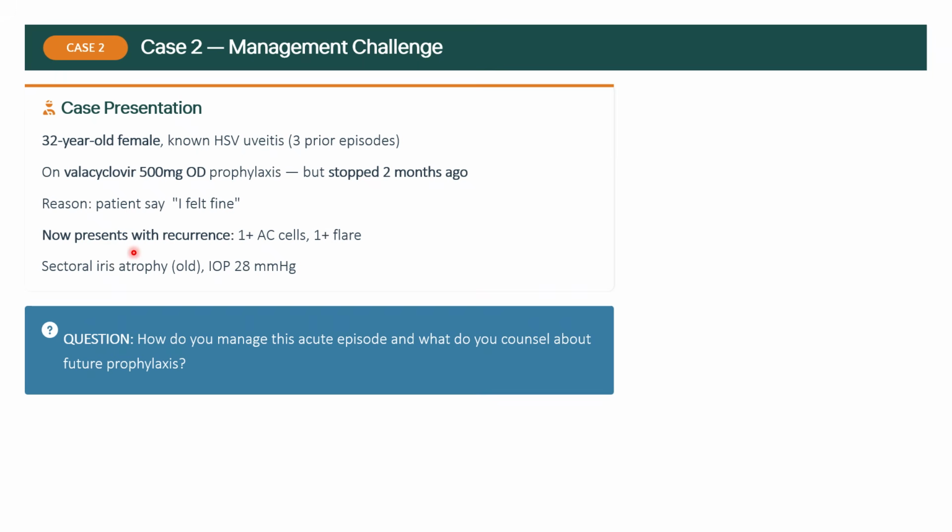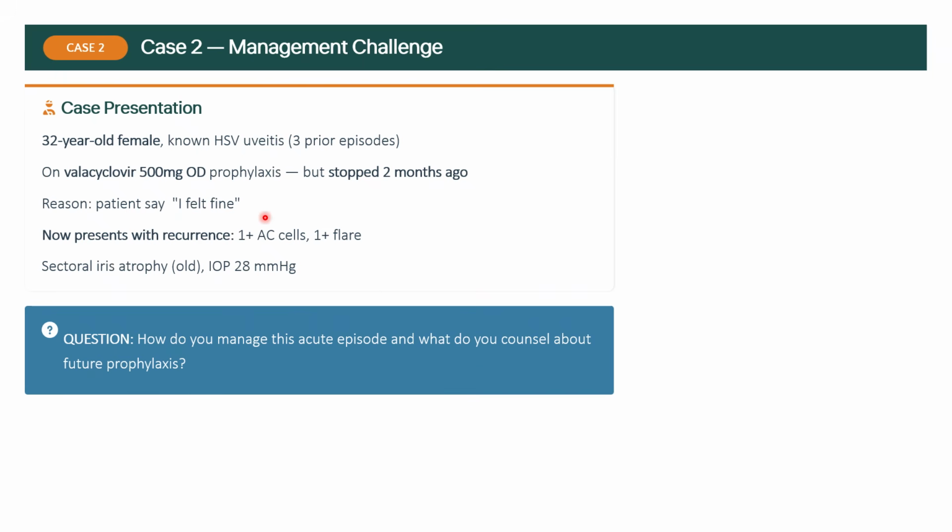Now the patient presents with recurrence with a few cells and flare, and already she has old iris atrophy from previous attacks, and intraocular pressure is mildly high. So the diagnosis is already known as herpes simplex, but now she's presenting with recurrence. Now the question: how do you manage this acute episode, and what do you counsel about future prophylaxis?